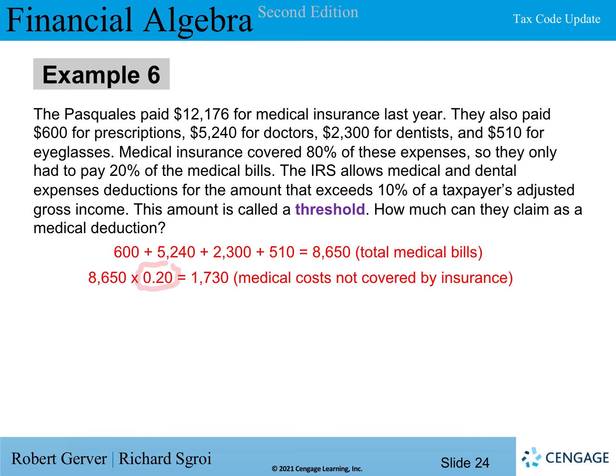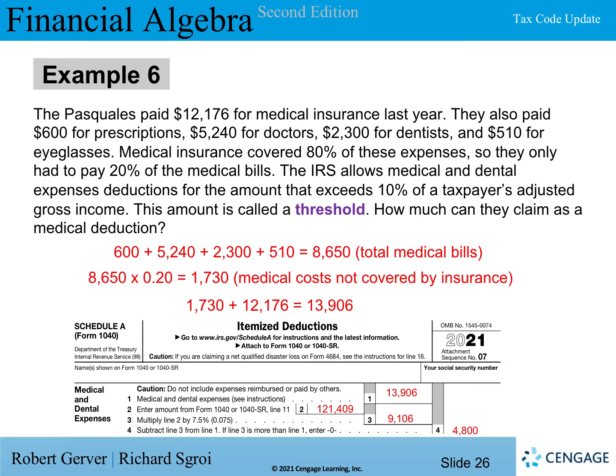So that comes out to be $1,730 medical costs that were not covered by insurance. So if we add these costs not covered by insurance to the amount that they had to pay for insurance, we come out with $13,906 of medical expenses.